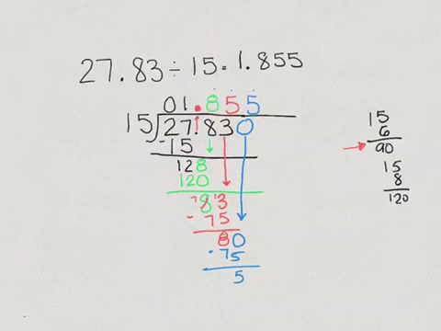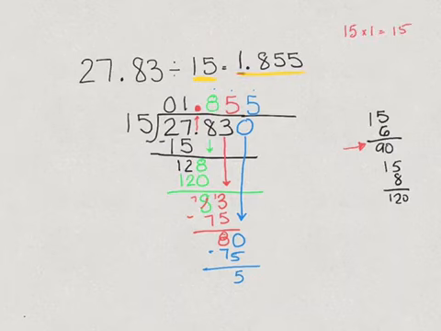Now, use your number sense to check this. The exact same thing we talked about in class. So, if I was going to check it, I would multiply the 15 times the 1.855. Well, I know that 15 times 1 is 15.